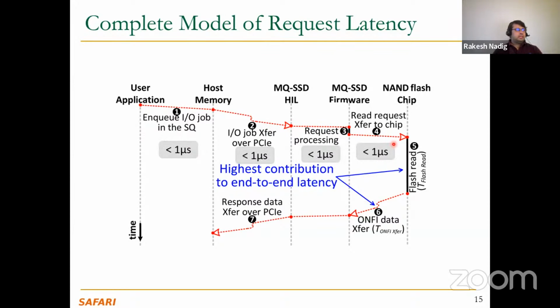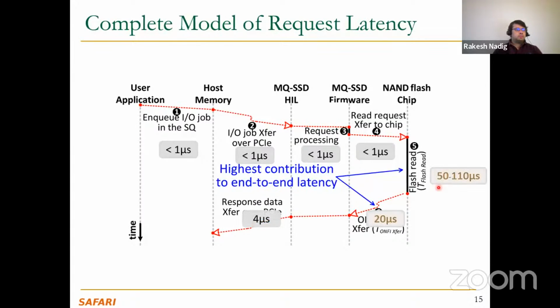Here we see that the command transfer usually takes less than 1 microsecond. The flash read itself, which is one of the main latency components, takes around 50 to 110 microseconds in a TLC NAND flash memory.